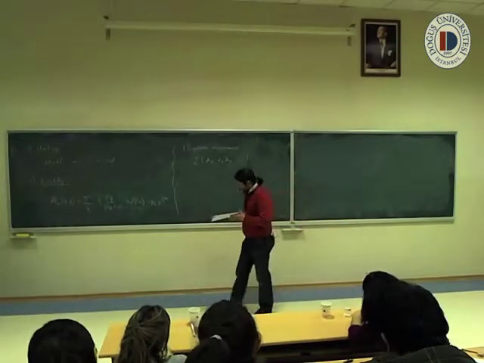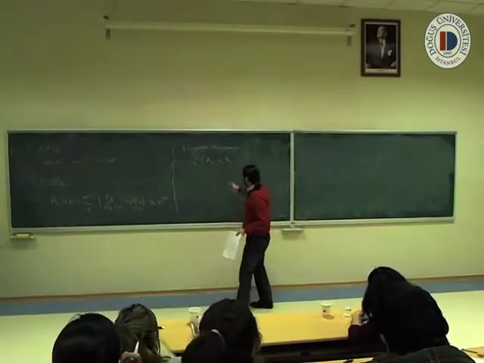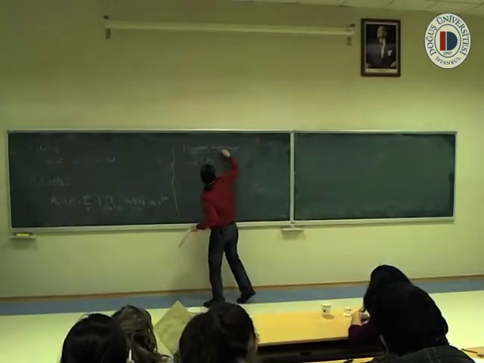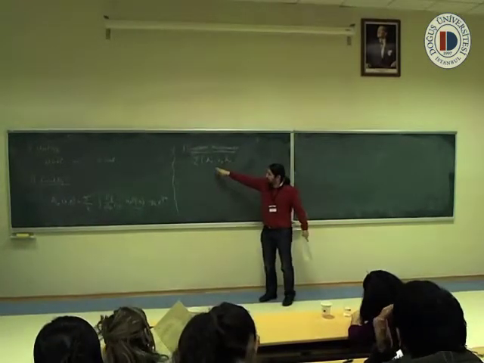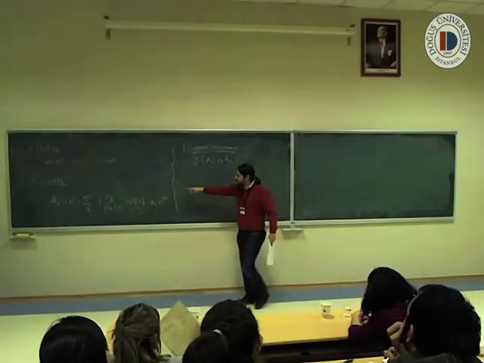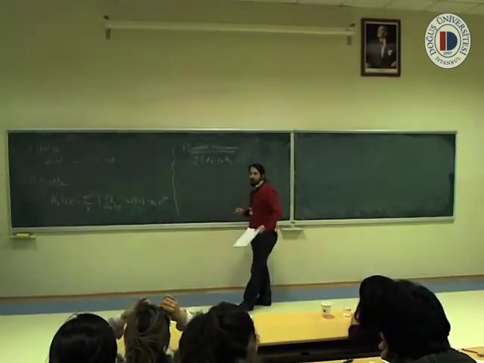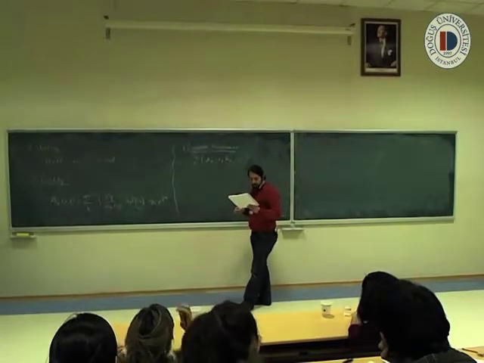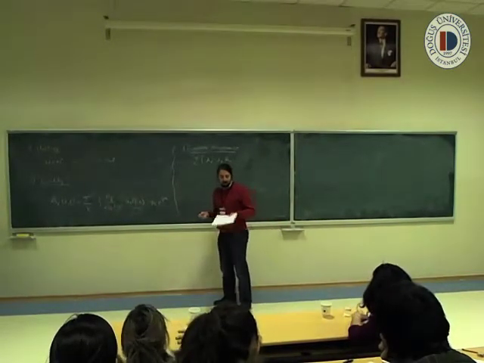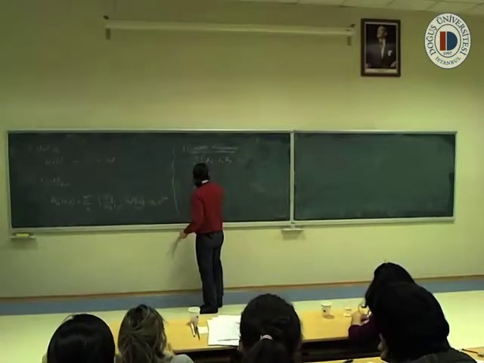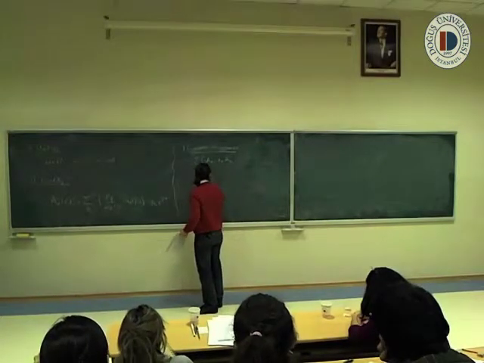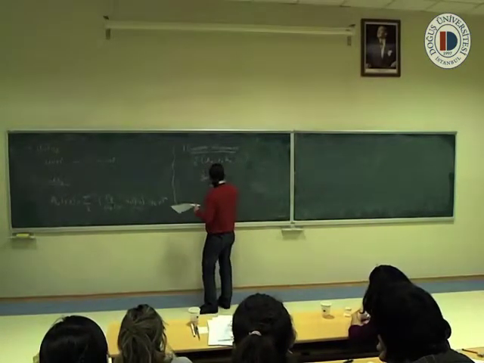Okay? And in addition, as I said, the fields will transform under the representations of the Lorentz group. That's one thing. But we also have tensors which are invariant under Lorentz transformation, such as the metric or the epsilon.